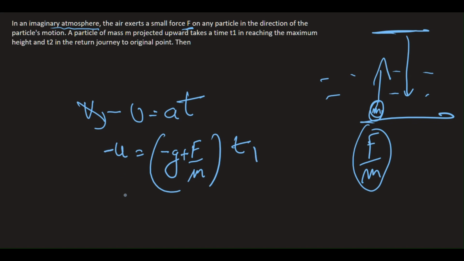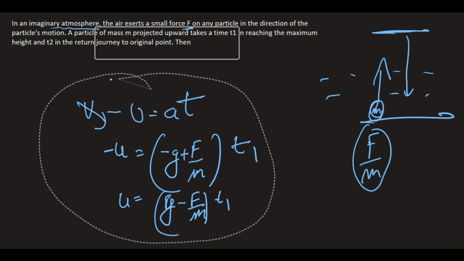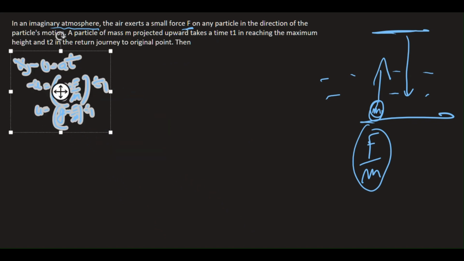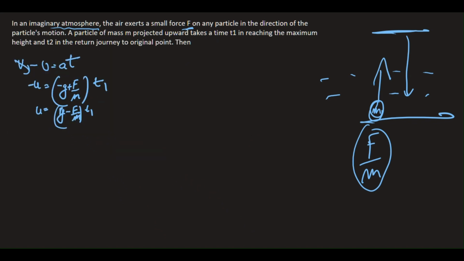So u is equal to g minus F upon m into t1. Let's just move it to a side real quick. So t1 is equal to u upon g minus F upon m.